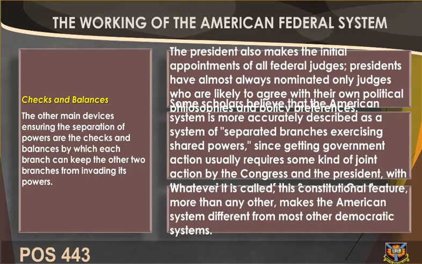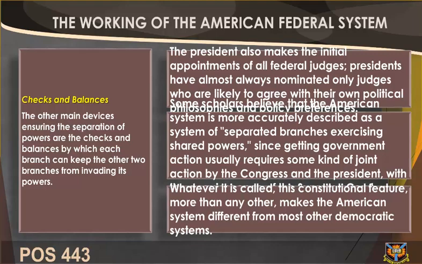Checks and balances. The other main devices ensuring the separation of powers are the checks and balances by which each branch can keep the other 2 branches from invading its power. The president also makes the initial appointment of all federal judges. Presidents have almost always nominated only judges who are likely to agree with their own political philosophies and policy preferences.